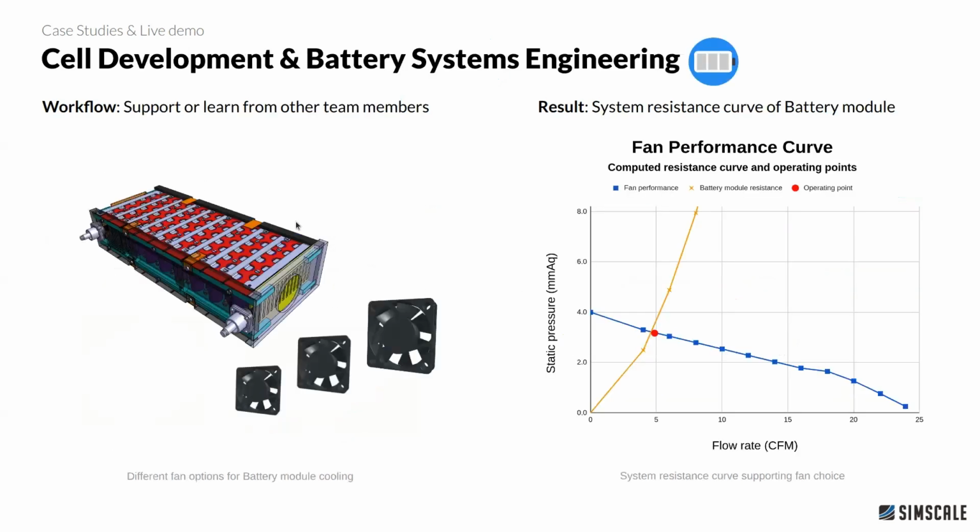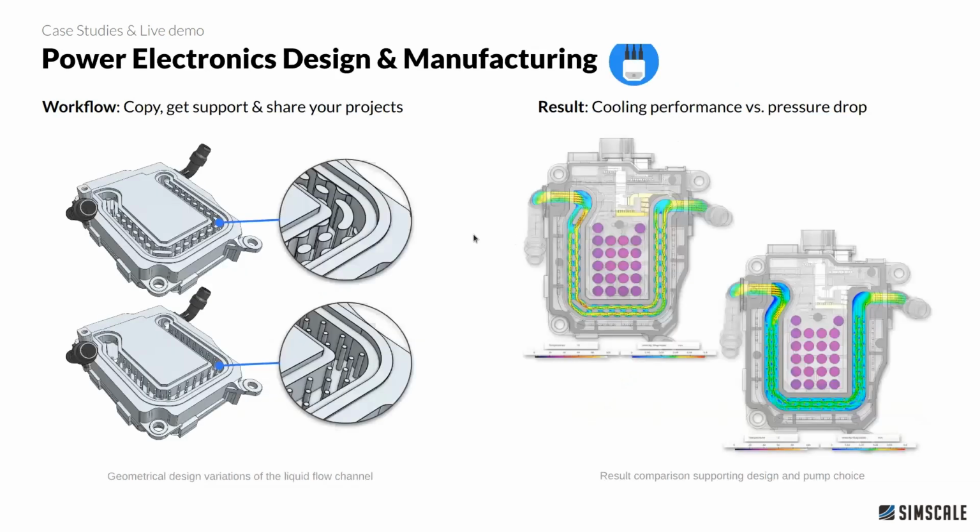We also looked at a fan simulation where John's simulation got us the operating point for this specific fan. If this is not the flow rate that we require, we might be best off running a system resistance curve study so that we get the exact behavior of our battery module. And we could now just put in different fan curves of different higher performant fans and see which flow rate we would actually get from these fans and what would be the best fit for our battery pack.